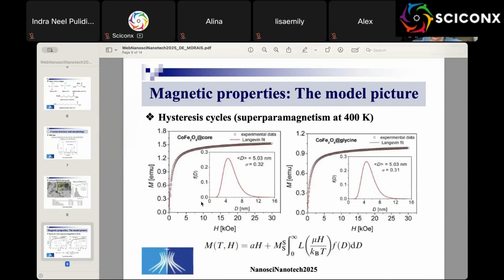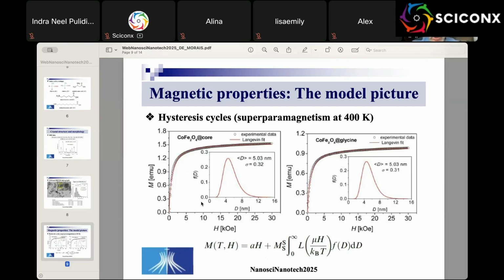And you can see the material at this temperature is in the superparamagnetic state, and the data, magnetization versus applied field, shows typical behavior of a superparamagnetic material. And we can perform the curve fitting of both data.